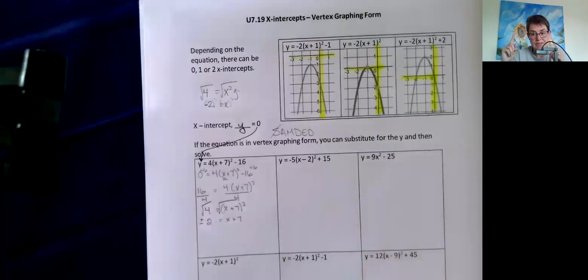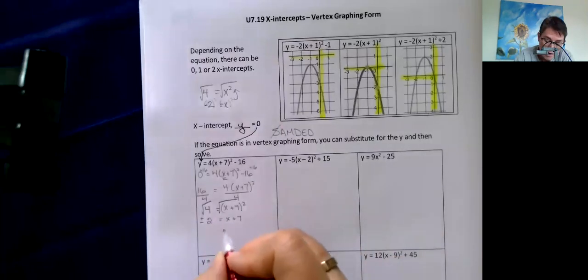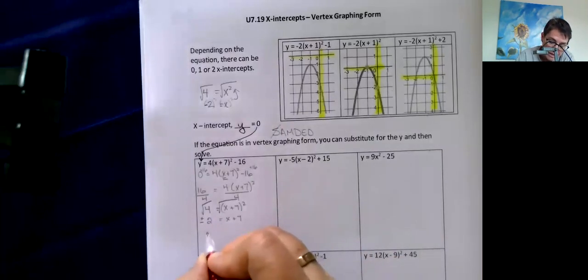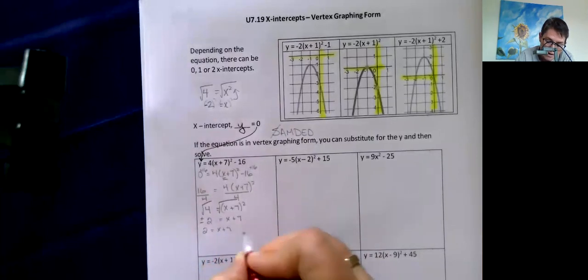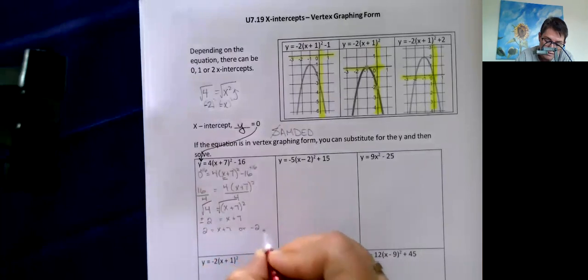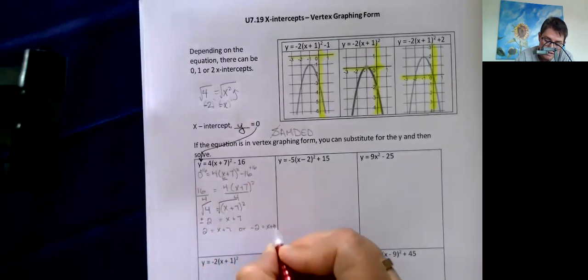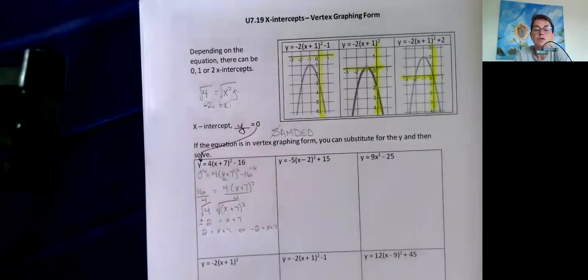Anyway, getting back to where I want to be, at this point what you do is you split and you go 2 is equal to x + 7, or minus 2 is equal to x + 7. And then you just solve those 2 mini equations.